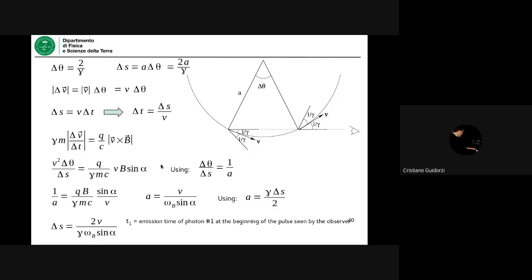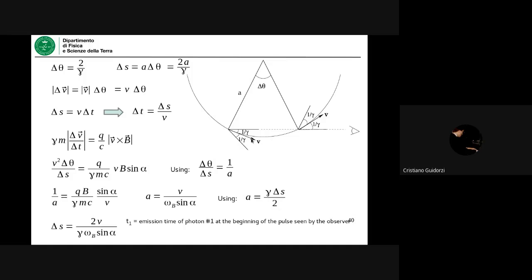Now, let's give some names. Let's assume we consider two photons, photon 1 and photon 2. Photon 1 is emitted here when we begin receiving radiation from the electron, and we call T1 the emission time of the first photon that you will see in just one loop, emitted by the electron.